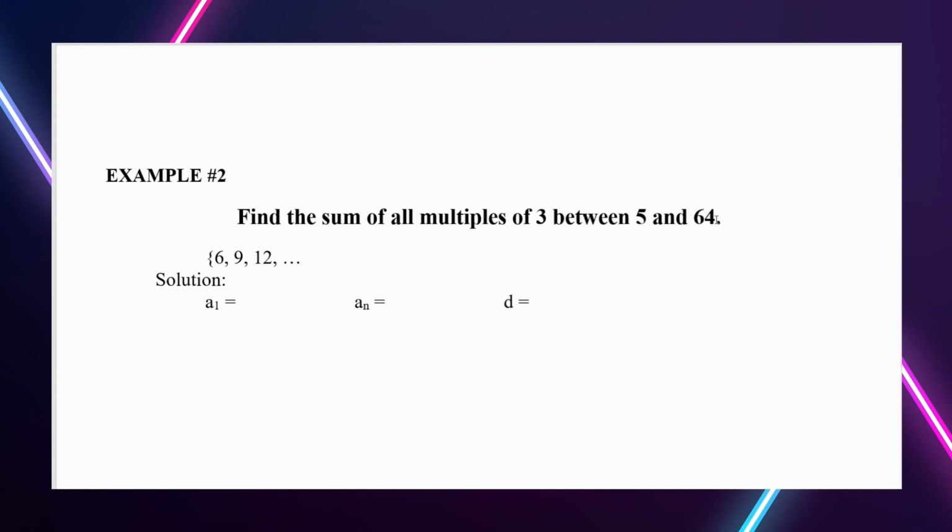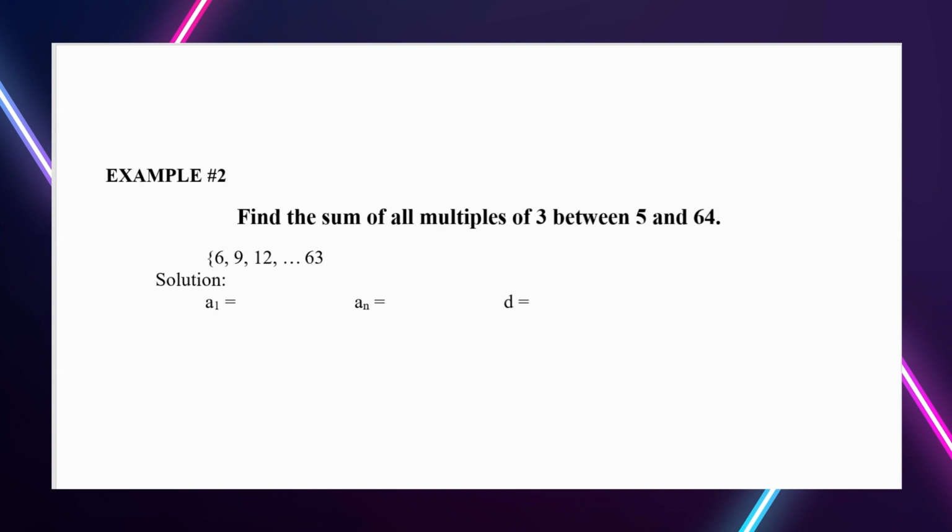Dahil 64 is our last term na binanggit doon sa ating given. And sabing ganon, between 5 and 64, therefore 64 is not possible kasi dapat nasa pagitan lang ng 5 and 64 yung sequence natin. So ibaba natin, 63. Okay? Ang 63 ay nasa pagitan ng 5 and 64.